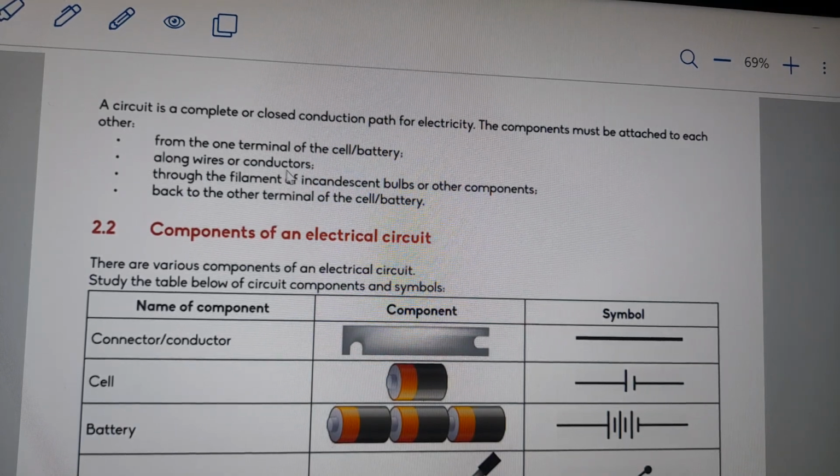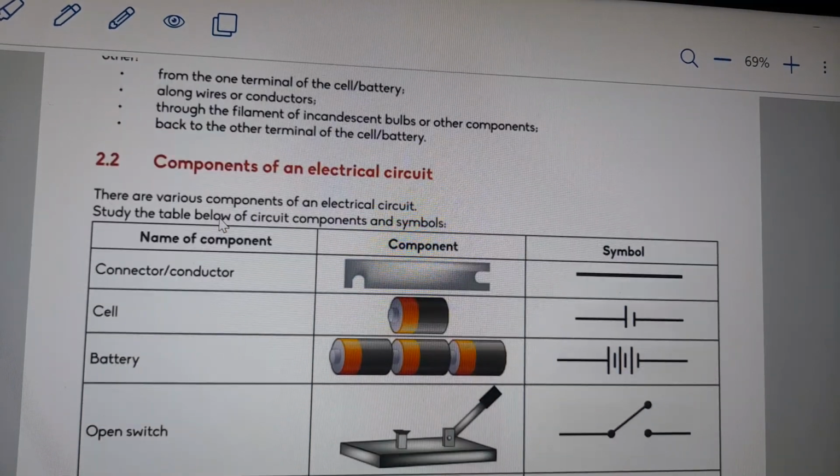Along wires or conductors, through the filament of the incandescent bulbs or other components, and back to the other terminal of the cell or battery. Don't worry, you'll see this when we look at the circuits.